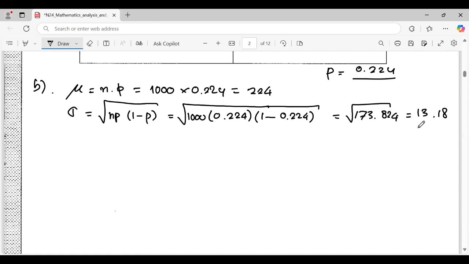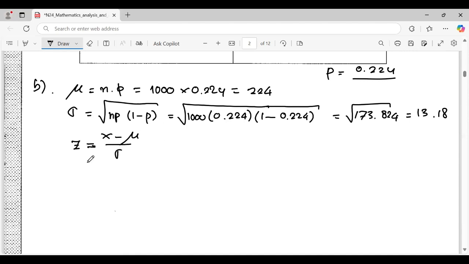Now, using the normal approximation, we can standardize this to the z-score for the value 200. So z equals (X minus mu) over the standard deviation.